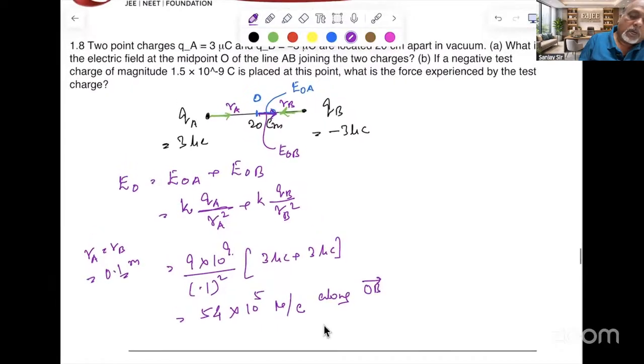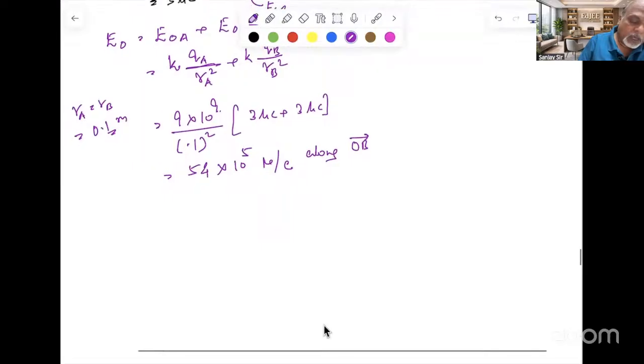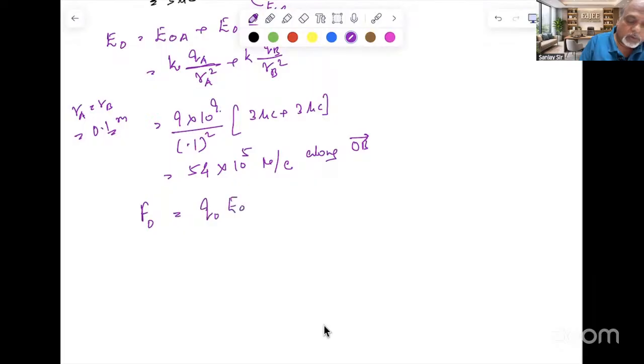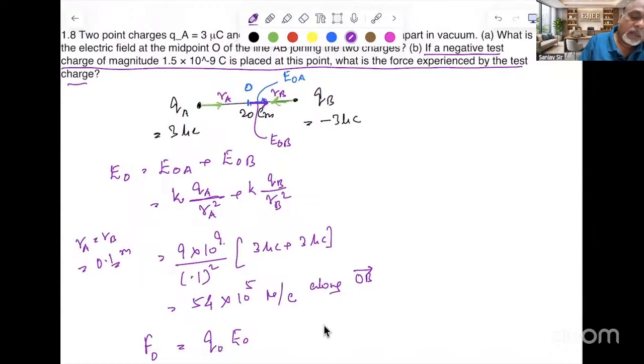Now, if a negative test charge of this magnitude is placed at O, what is the force experienced by the test charge? Of course, the force experienced by the test charge, FO, will be Q0 into E0, and here a negative test charge is there.